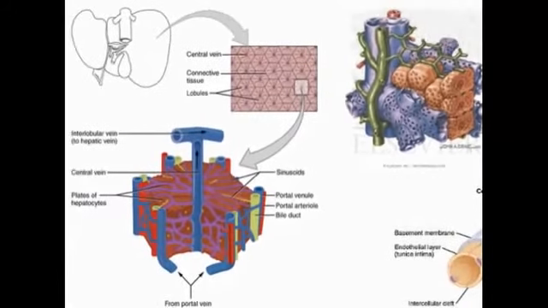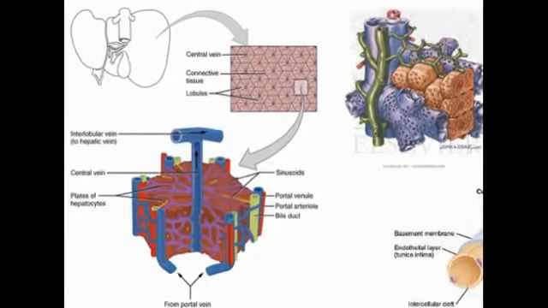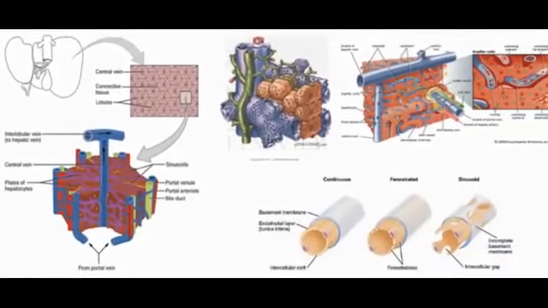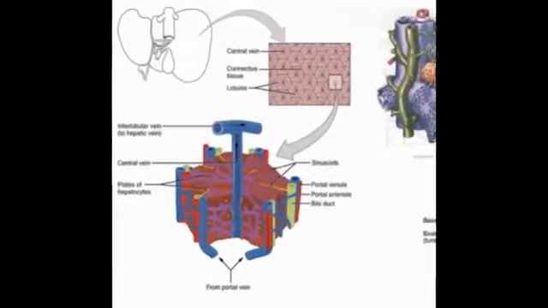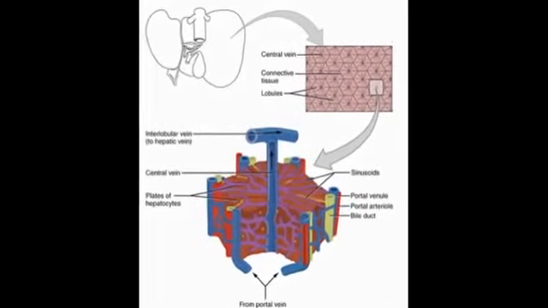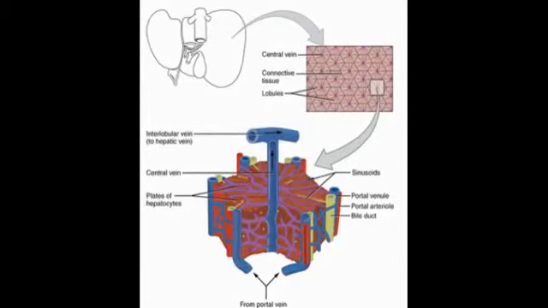This is number 8. This slide is a more microscopic view of each lobule. In the middle of that structure, you see the same hexagonal structure.